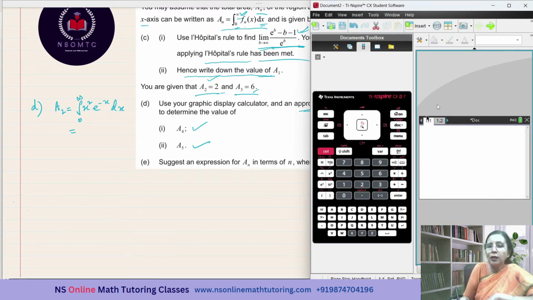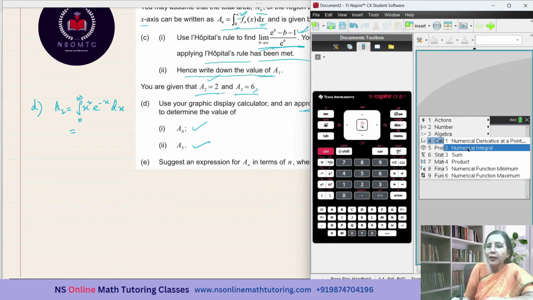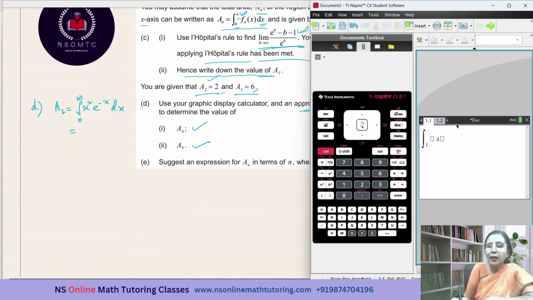I can go to the calculator page, and this is menu, calculus, and numerical integral. The limits will be from 0 to a large number, so I can put 6 nines: 1, 2, 3, 4, 5, 6 nines I'm putting.